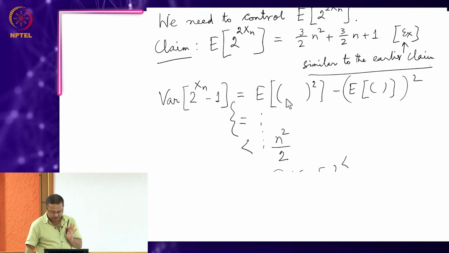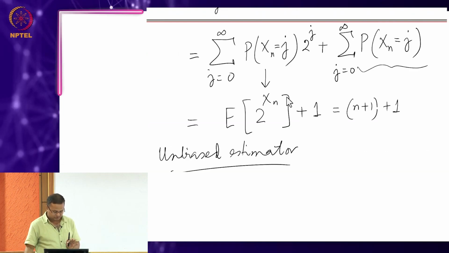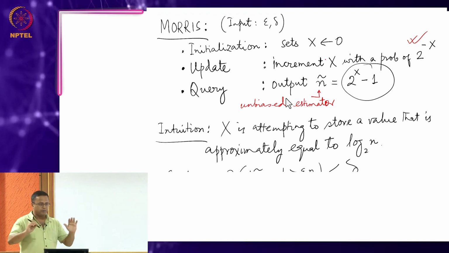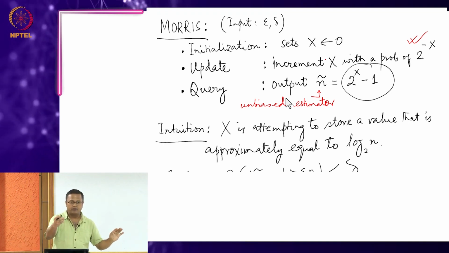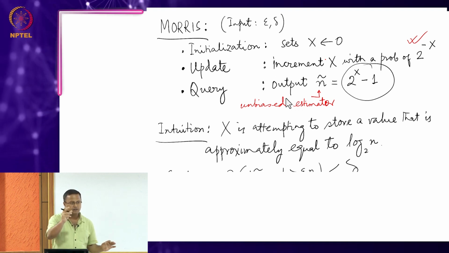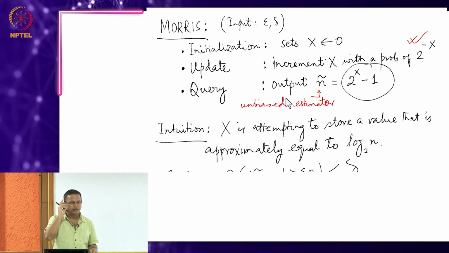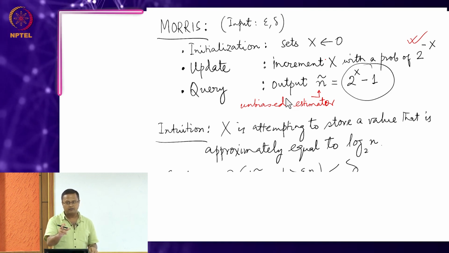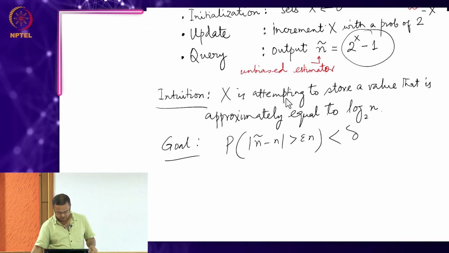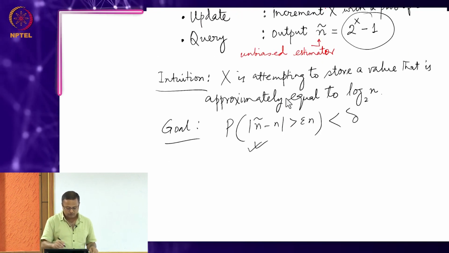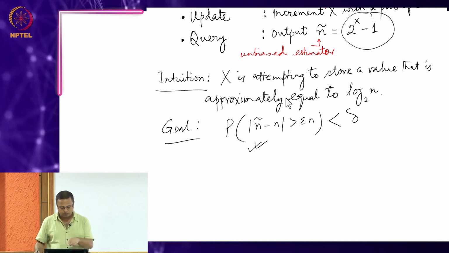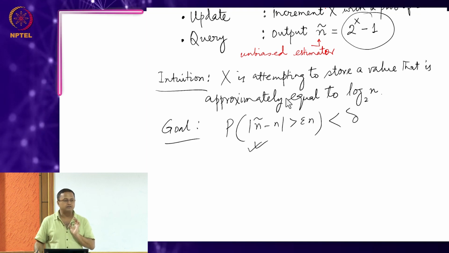Remember this, that is actually the reason we have to do so many things. So, I repeat, the problem is a stream coming, I want to count an event. The user also gives me an epsilon, an error parameter, and a probability error delta. I have to design the algorithm such that the estimator that I give differs from the exact value by at most epsilon n, and that happens with probability delta.